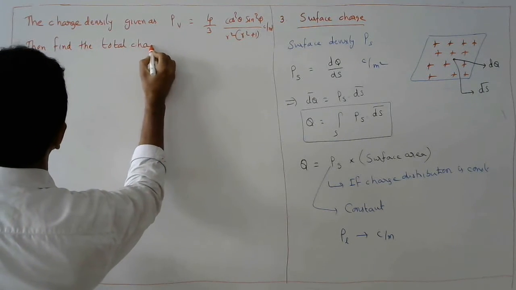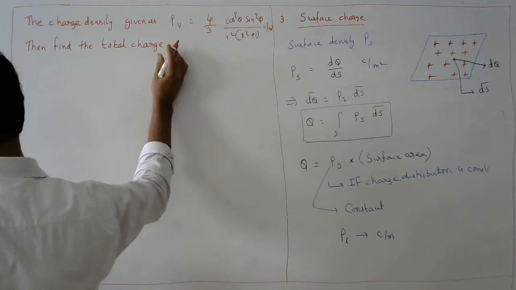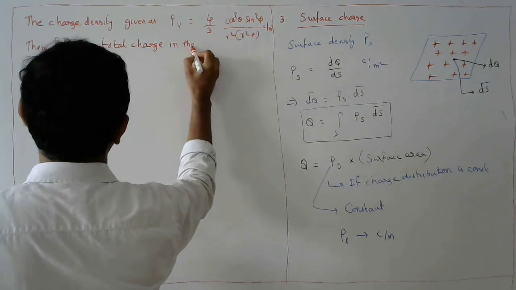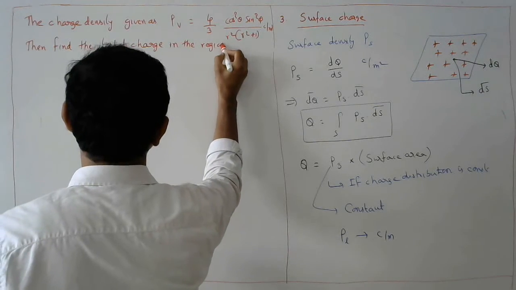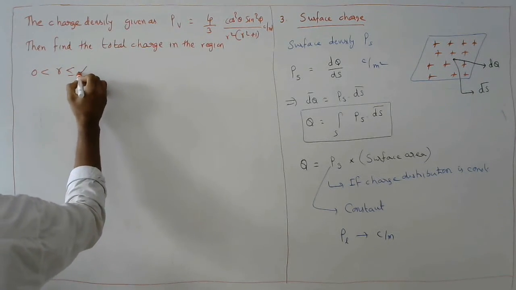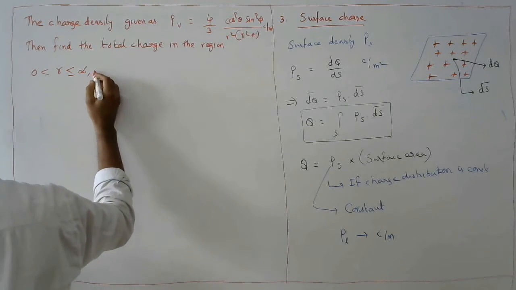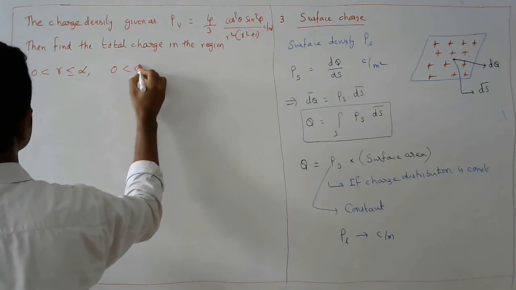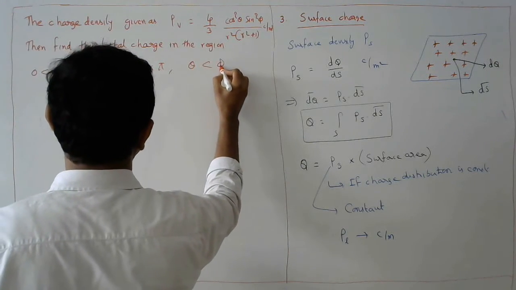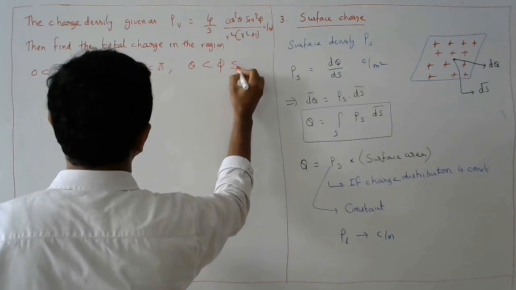Find the total charge in the region 0 less than or equal to r less than or equal to infinity, 0 less than or equal to theta less than or equal to pi, 0 less than or equal to phi less than or equal to 2 pi.